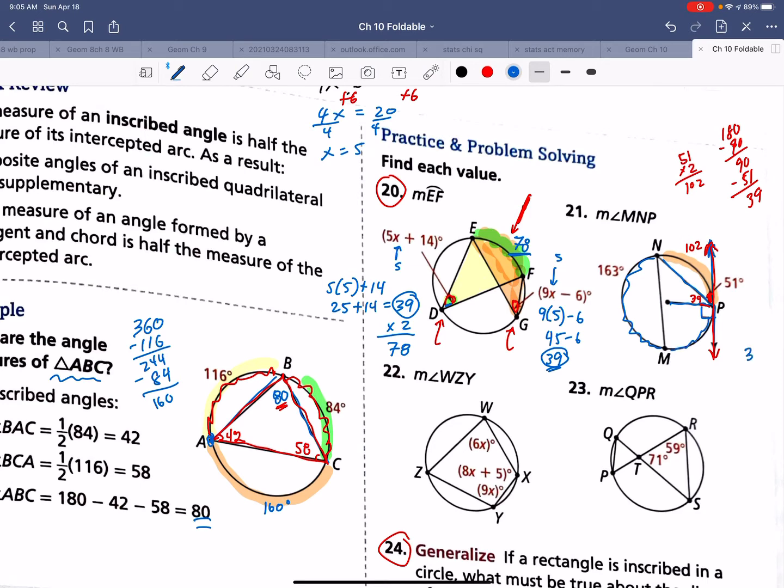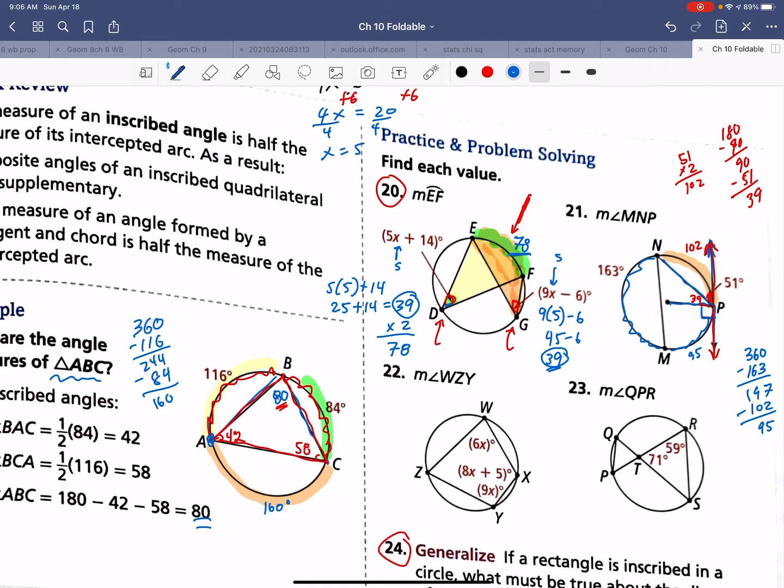Because all the way around is 360. Take away 163, 197, take away 102. We get 95. Okay, so that's 95.